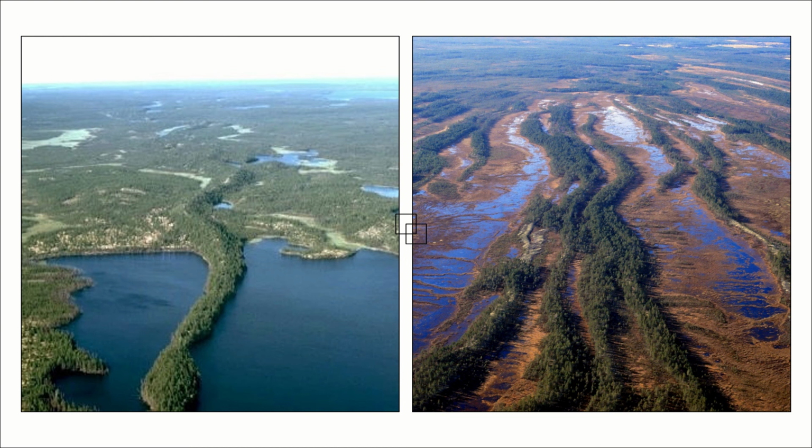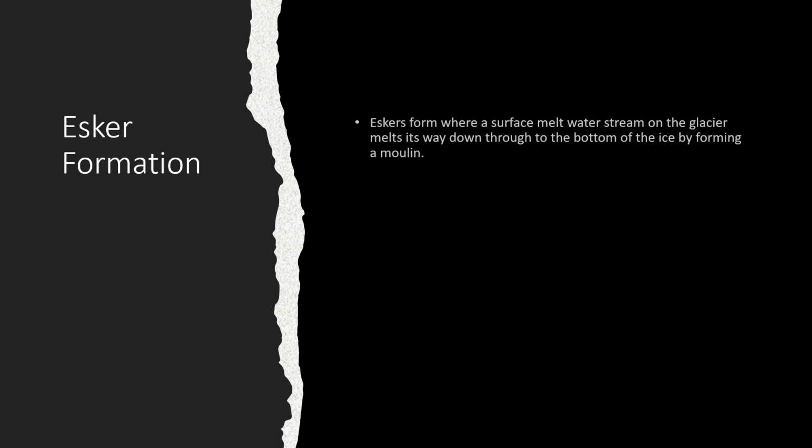Okay, so what would a straightforward answer to this look like? Eskers form where a surface meltwater stream on the glacier melts its way down through to the bottom of the ice. Now, that happens by forming a moulin, and you'll find that there's other videos on my website which demonstrate that.